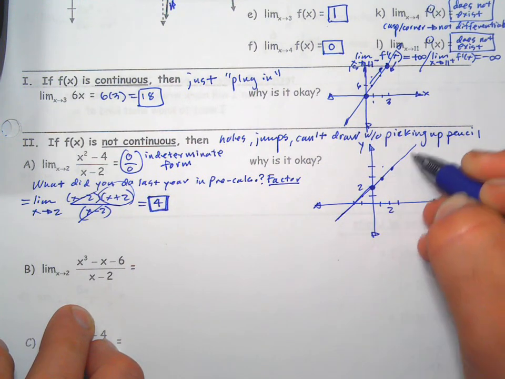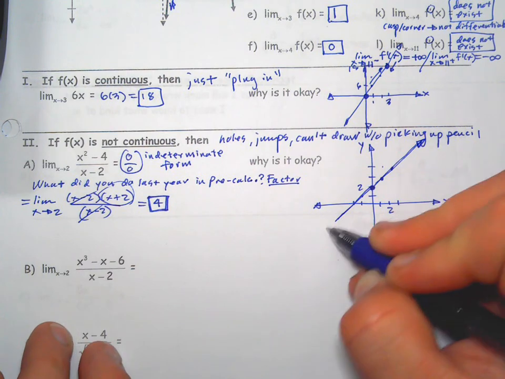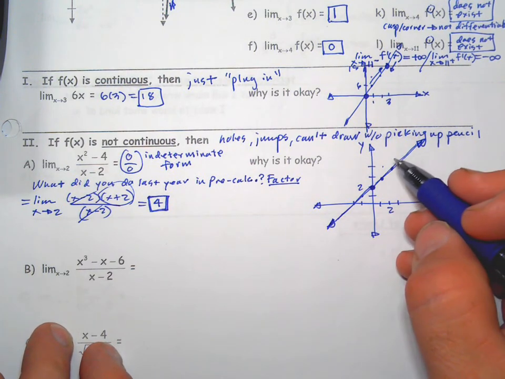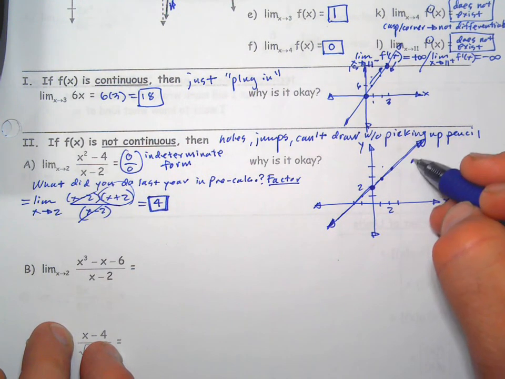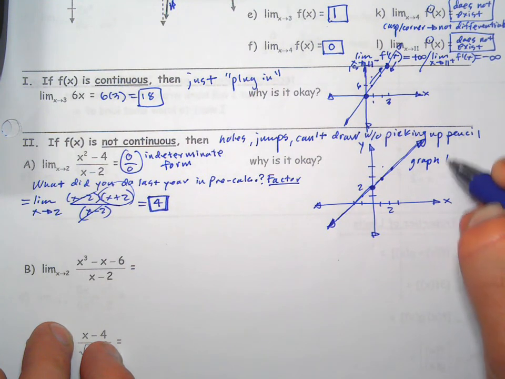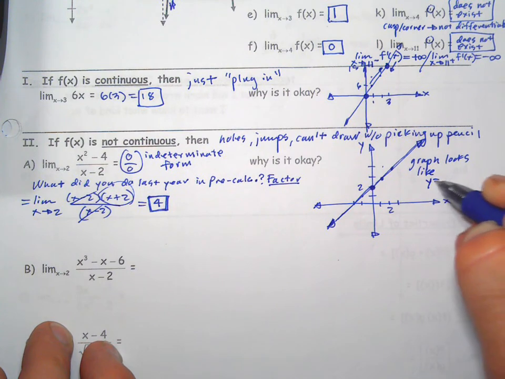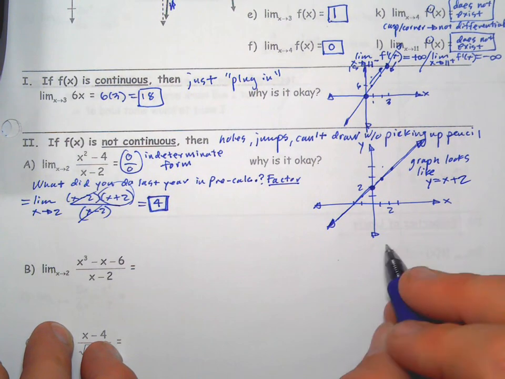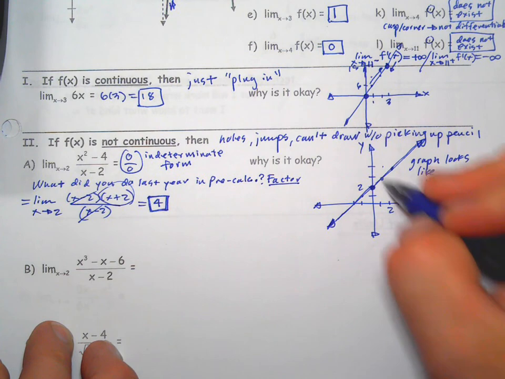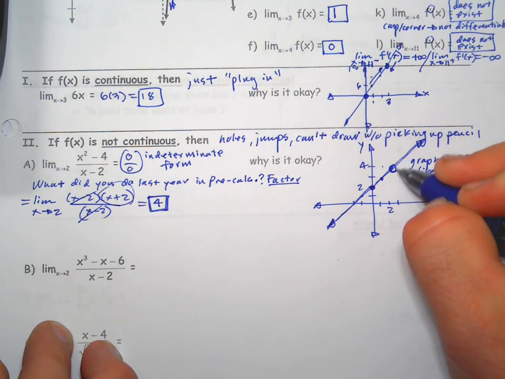So it looks like this. It behaves. Okay. The graph looks like y equals x plus 2, right? Except at 2, there's actually a hole in the graph.